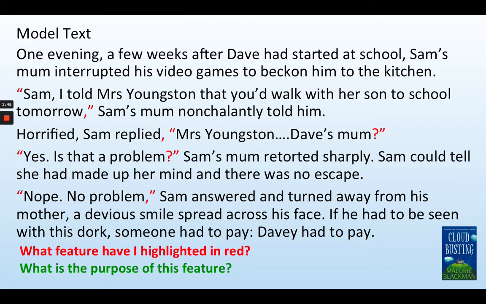Is that a problem?" Sam's mom retorted sharply. Sam could tell she had made up her mind, and there was no escape. "Nope, no problem," Sam answered, and turned away from his mother. A devious smile spread across his face. If he had to be seen with this dork, someone had to pay. Davy had to pay.